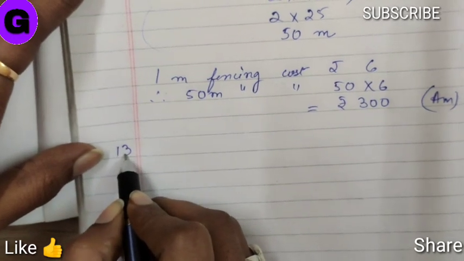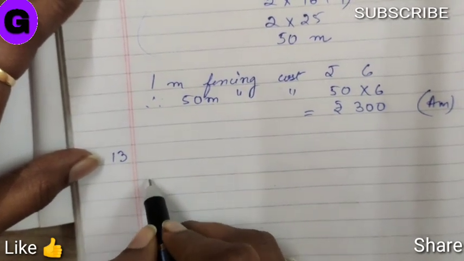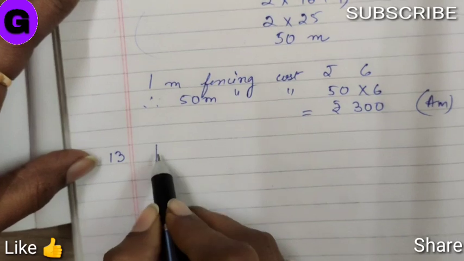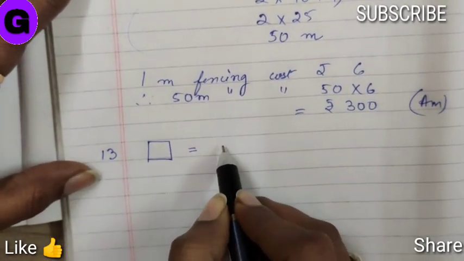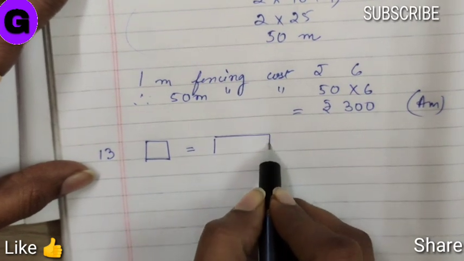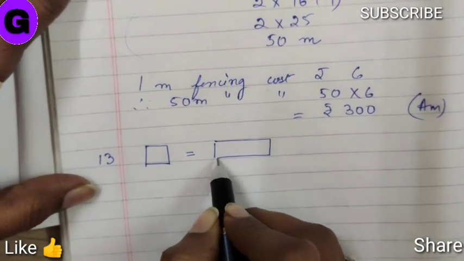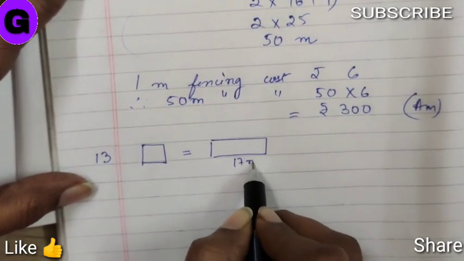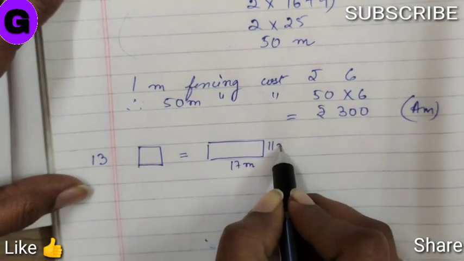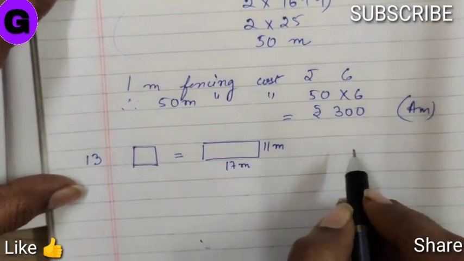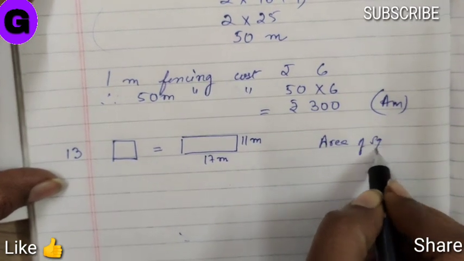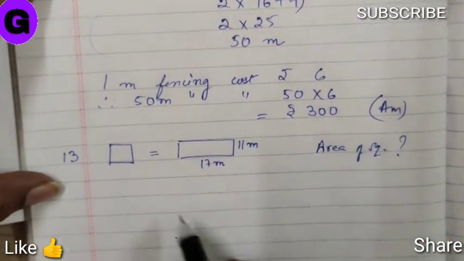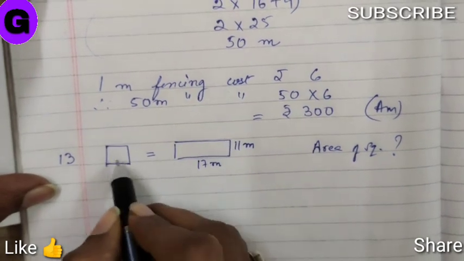Sum number 13. Now the perimeter of a square is equal to that of a rectangle of length 17 meter and breadth 11 meter, and we need to find the area of the square. Area of a square we have to find, and the perimeters are the same.